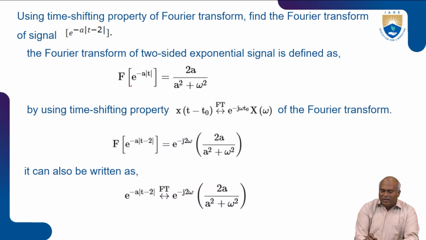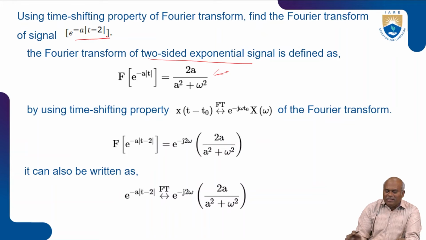In general, the Fourier transform of e power minus a mod of t is represented as 2a divided by a square plus omega square. Here the input is e power minus a mod of t minus 2, so we choose this two-sided exponential signal definition.